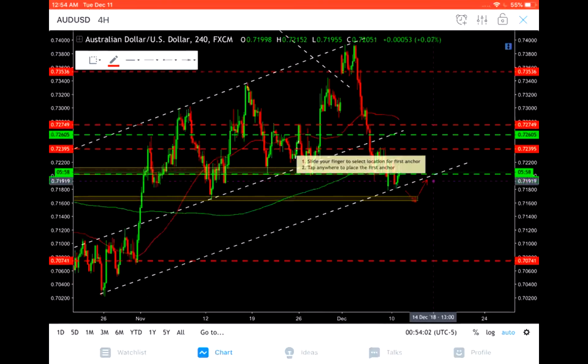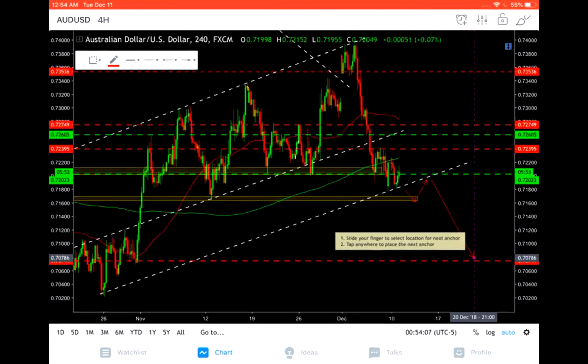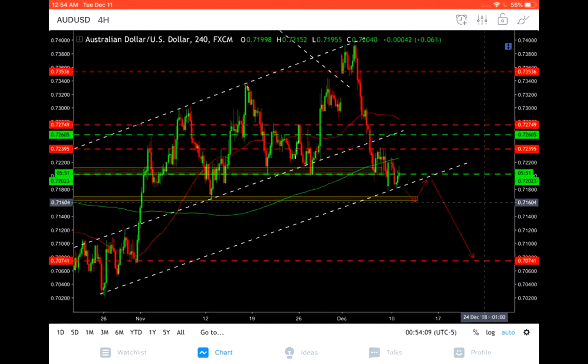There's a lot of consolidation continuing to happen. So if that's a possible scenario, correct? Yeah, because it's going to break and retest the trend line and the support at once.